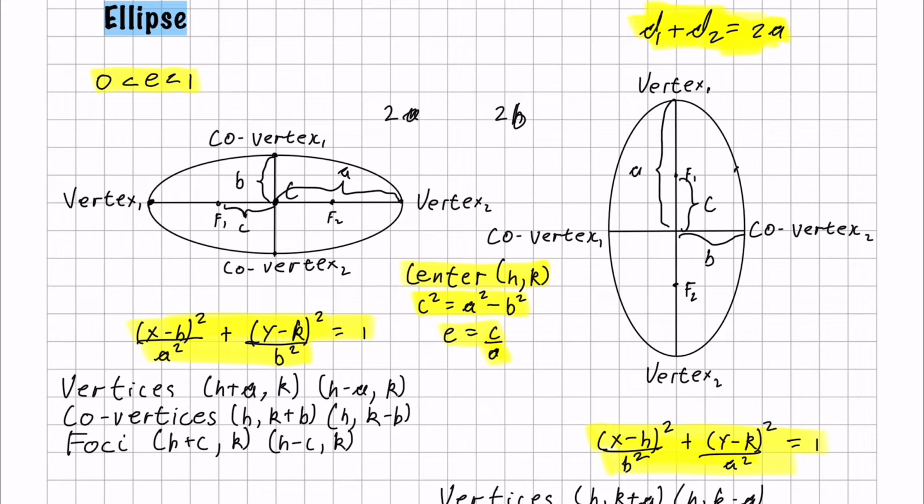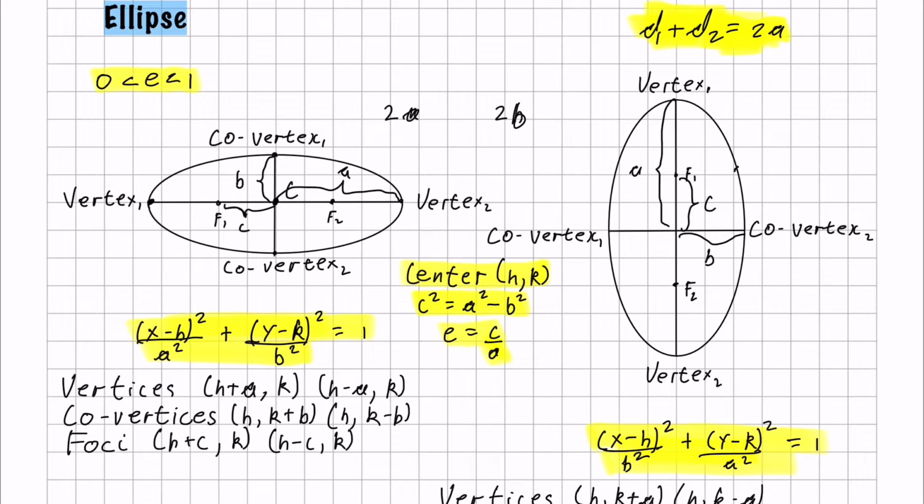That difference is because over here we call this a since this distance a is on the major axis, and since it's horizontal, it has to be under the horizontal x value. But over here, since the major axis is vertical, it's underneath the vertical y variable. So that's the only reason it switched.